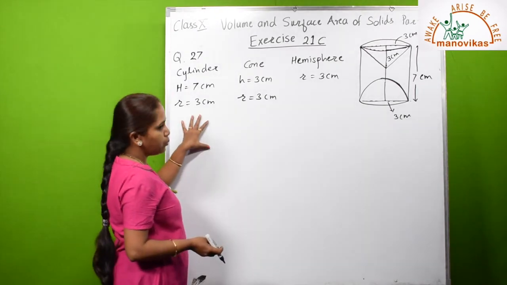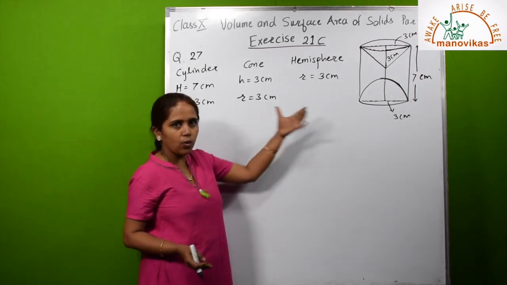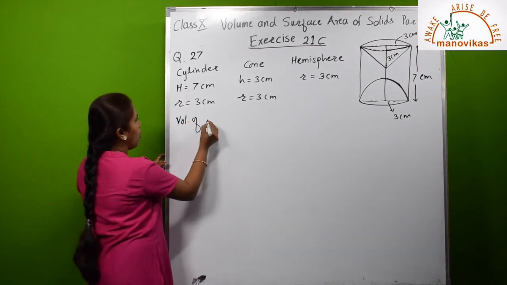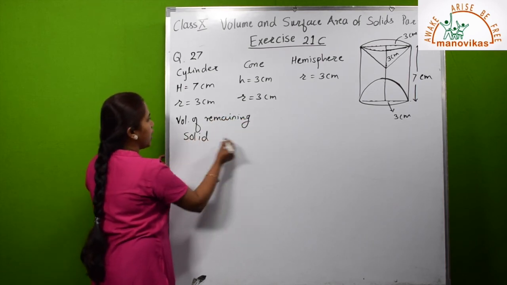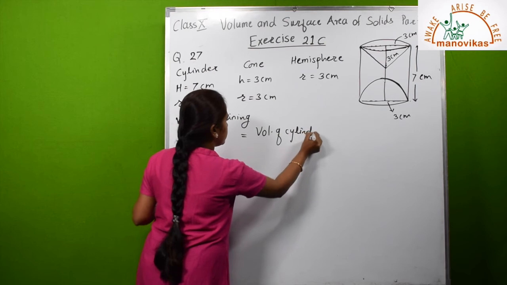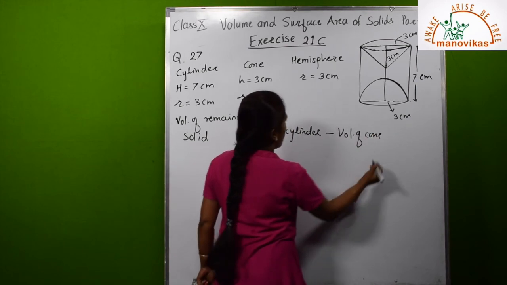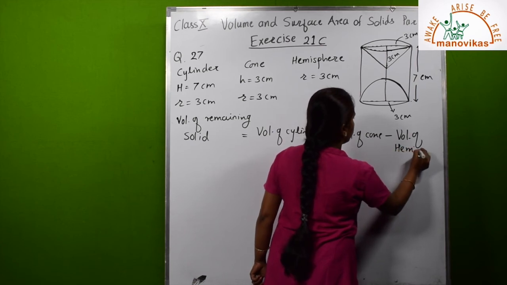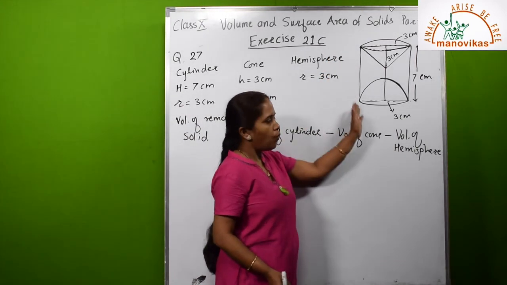So total volume, that is volume of a cylinder. From that we have to remove the volume of a cone and the volume of hemisphere. So volume of remaining solid is equal to volume of cylinder minus volume of cone minus volume of hemisphere. This is total volume of cylinder.